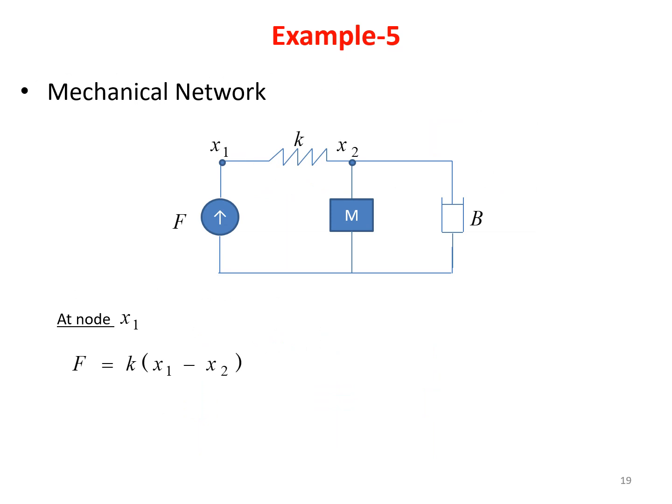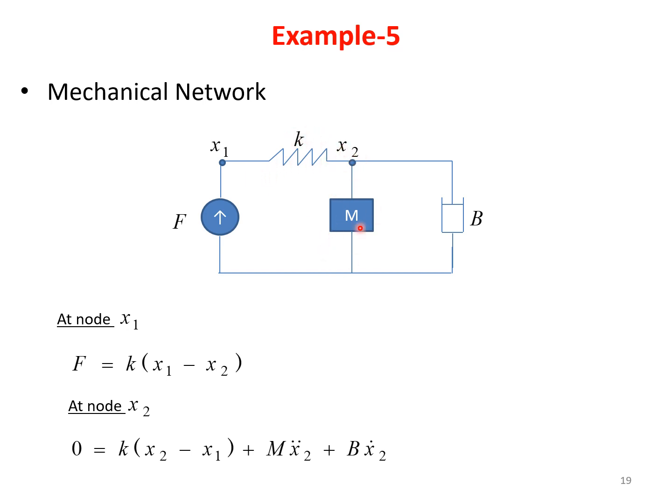When we are writing the equations for this mechanical network, we need to write them considering the nodes. At node 1, because we have the force element, F is taken as equal to k into (x1 minus x2). At node 2, when you are considering your spring, you have to take the difference as x2 minus x1.